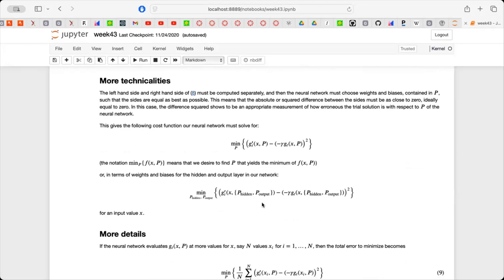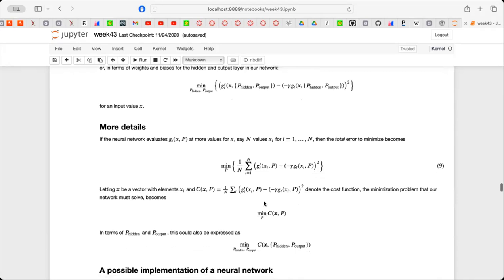So if we have a given number of nodes and a given number of input variables and a given number of output variables, then we know exactly what the dimensionalities are of the hidden weights, the output weights, the hidden biases, and the output biases. This is as before. So the codes which you have developed for project number 2 are codes which you can now use directly to solve these differential equations.